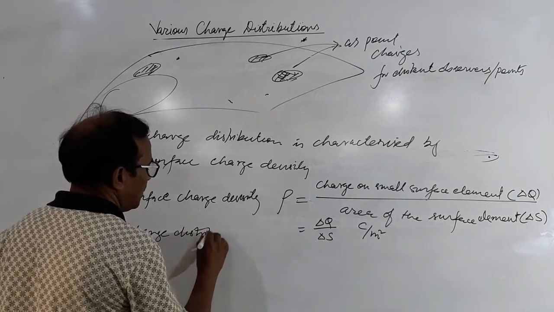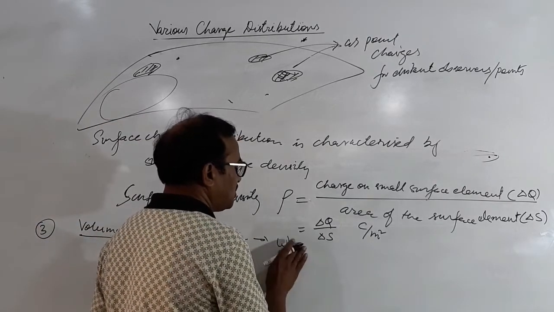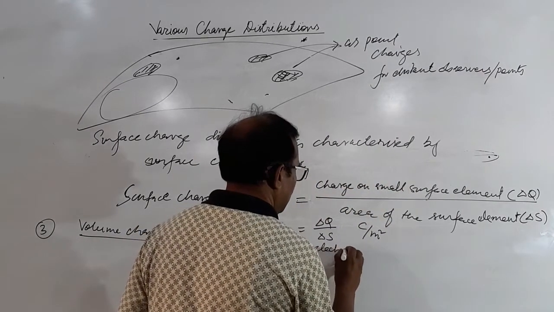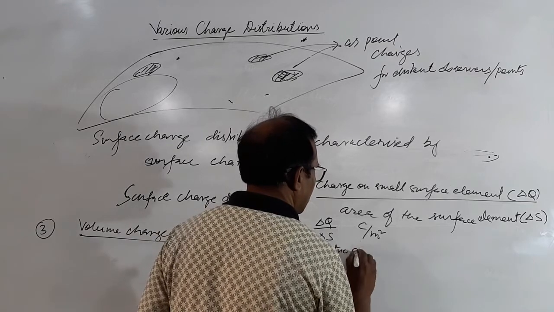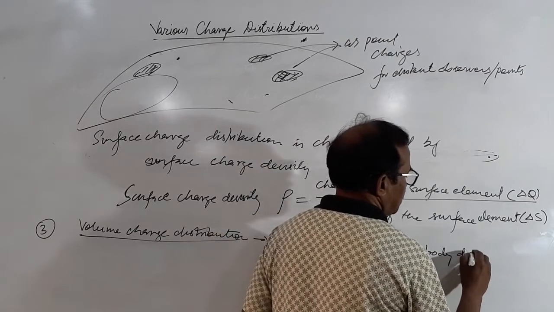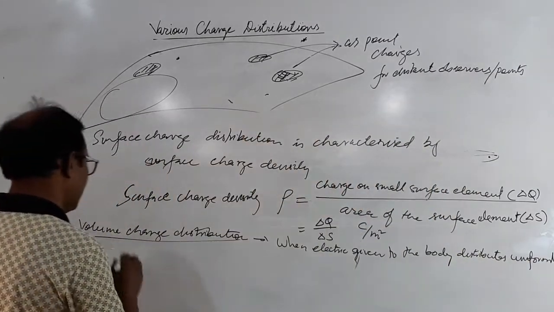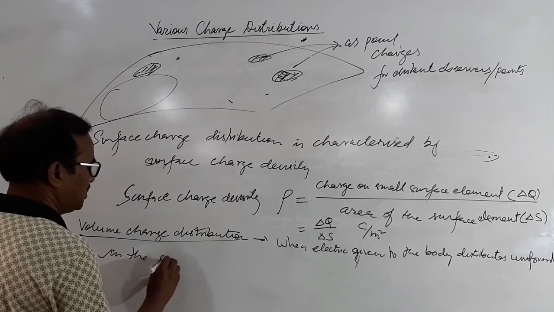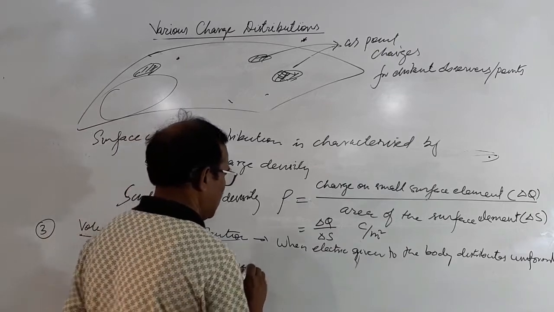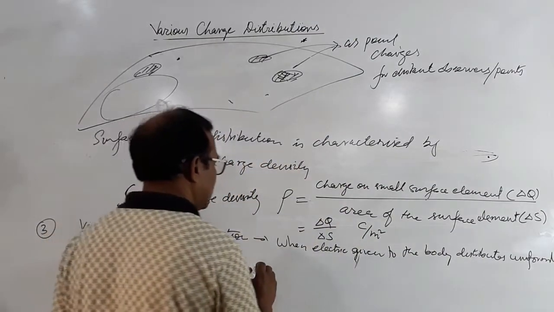When electric charge given to the body distributes uniformly in the entire volume, then this distribution is called volume charge distribution.